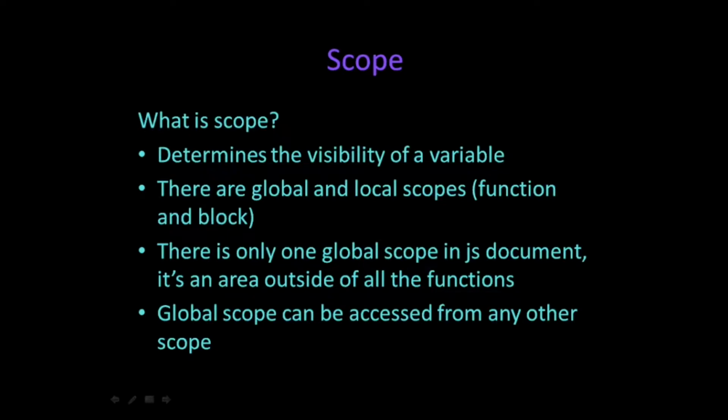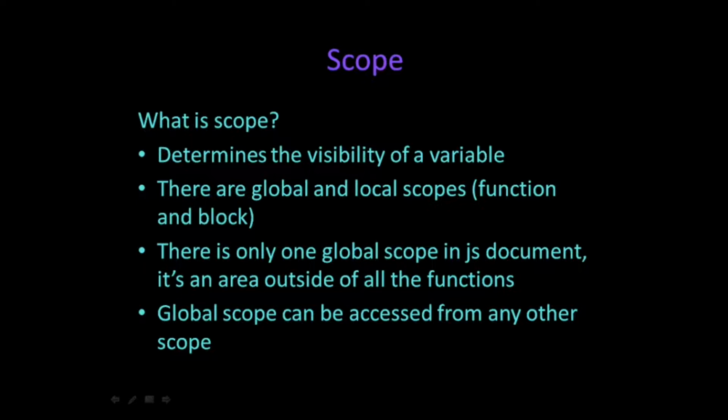Let's talk about scopes. What is scope? Scope determines the visibility of a variable. There are global and local scopes, and local scope is divided into function and block scope. There is only one global scope in a JS document. It's an area outside of all the functions.